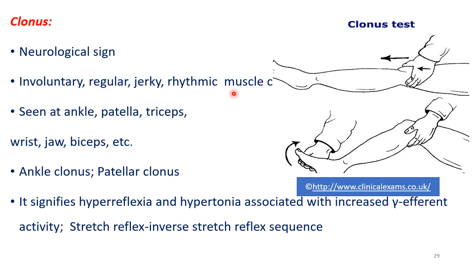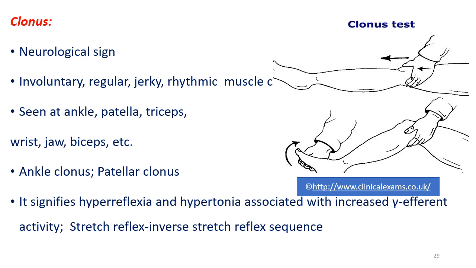Clonus is seen in all those conditions where there is increased gamma efferent activity, and generally there is associated hyperreflexia and hypertonia. These gamma efferents become highly sensitized, so their discharge is increased. And why is the discharge increased?